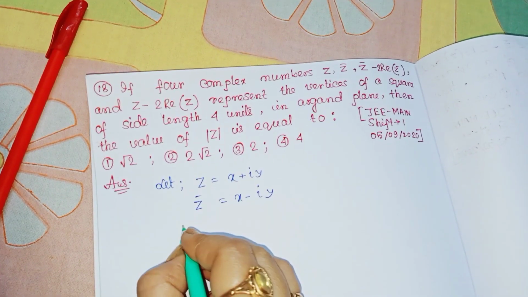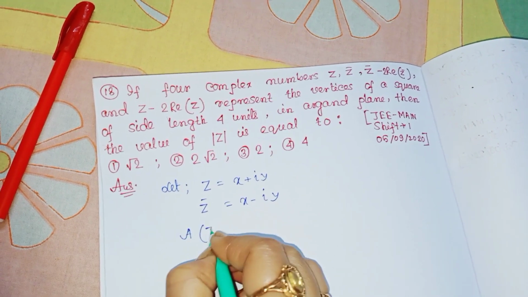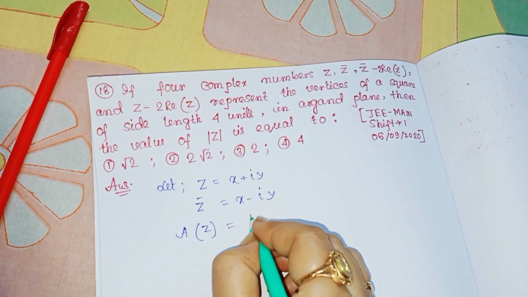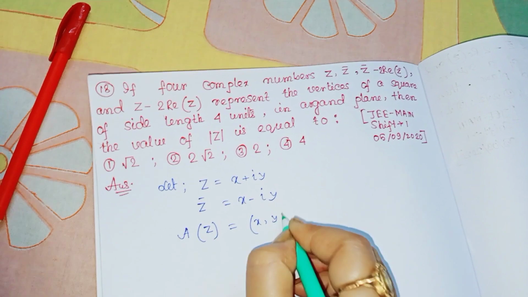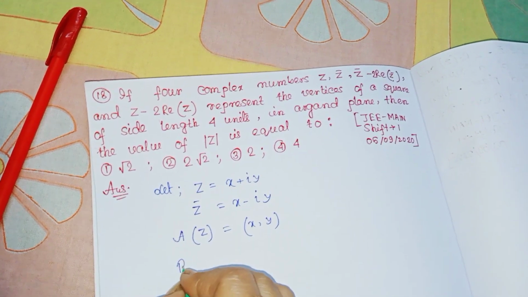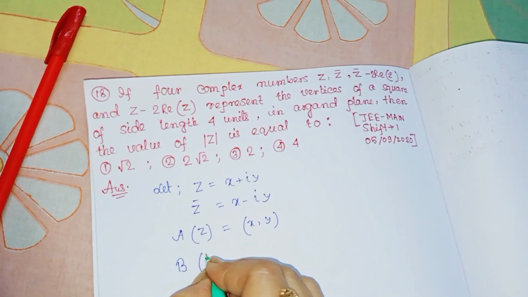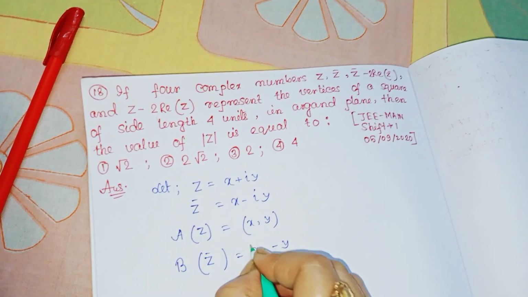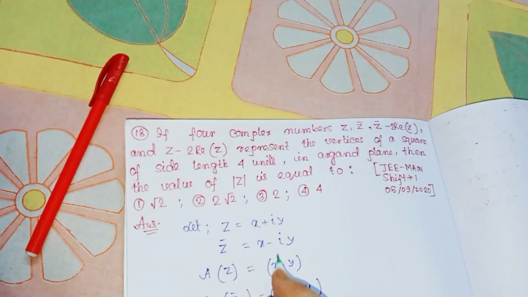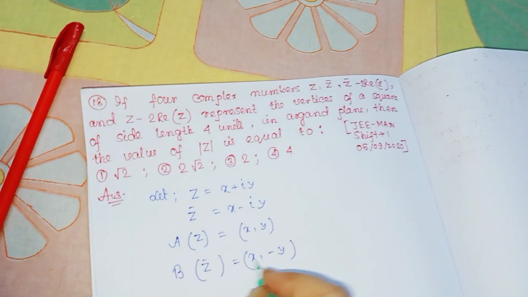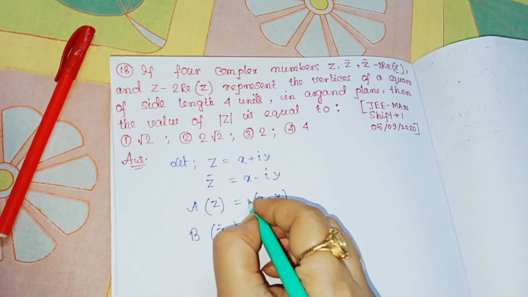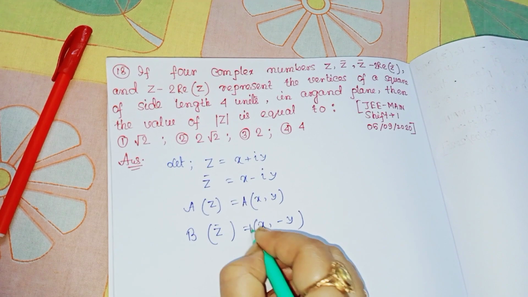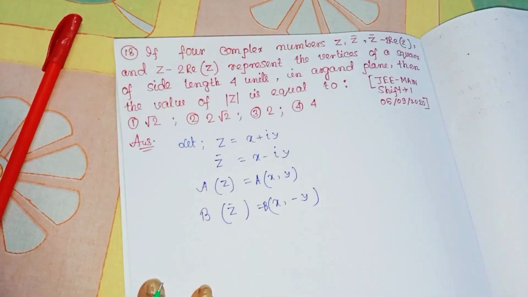Therefore, point A, which shows z, is x comma y, and B, which shows z bar, is x comma minus y. It is point A and point B.